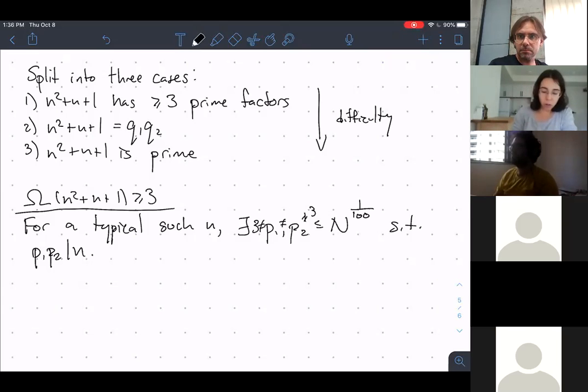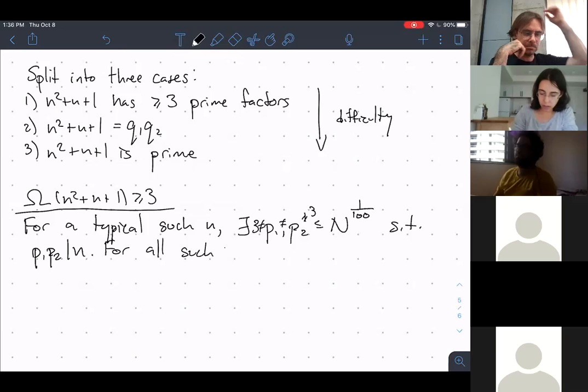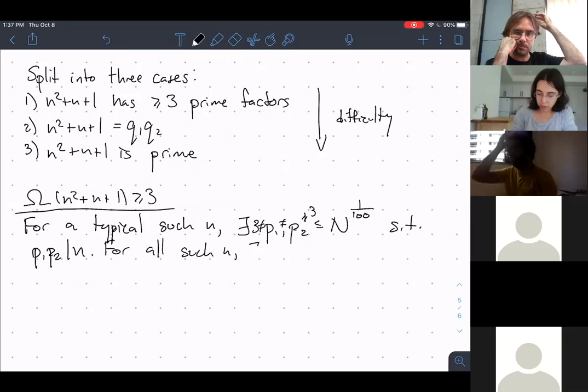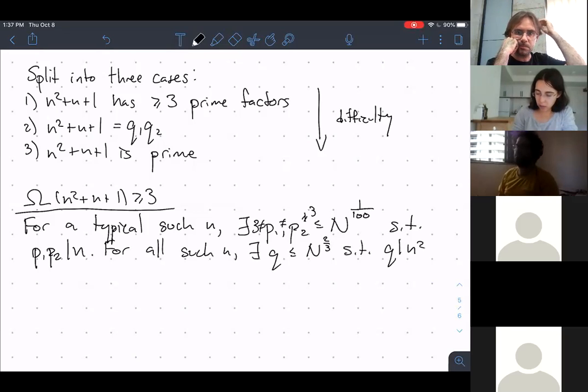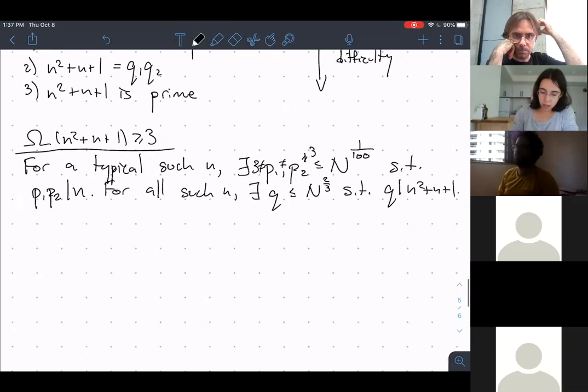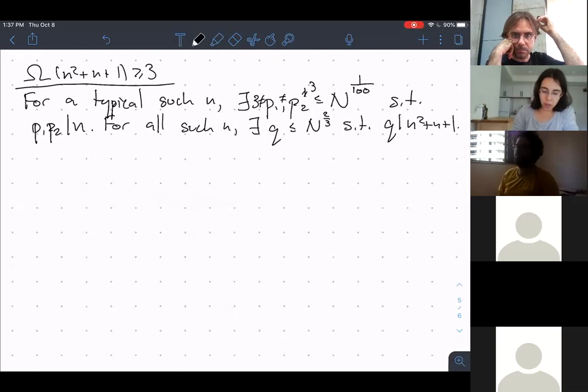And then for all n such that n squared plus n plus 1 has at least 3 prime factors, we also know that n squared plus n plus 1 will be divisible by some prime below n to the 2/3. So for all such n, there exists some q below n to the 2/3, such that q divides n squared plus n plus 1. So now we split up the n we want to estimate based on P1 and P2 and q.